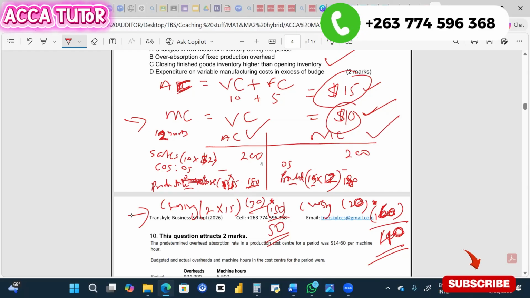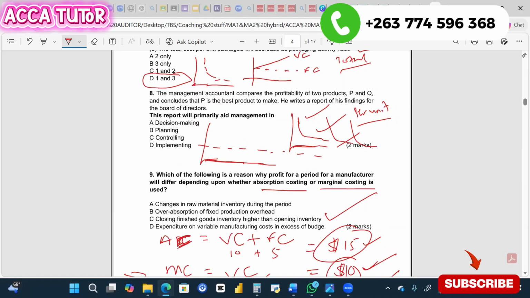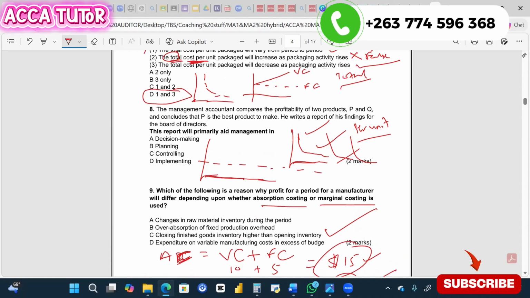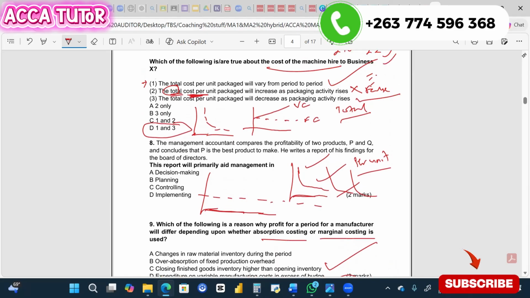But we just have to ensure that everything else, the sales, the production, opening stocks, should be the same figures. And the difference should then be seen on the closing stock. So if we do that, then we are right on track. Anyway, we will talk about that again as we proceed. Maybe we'll find a similar question.